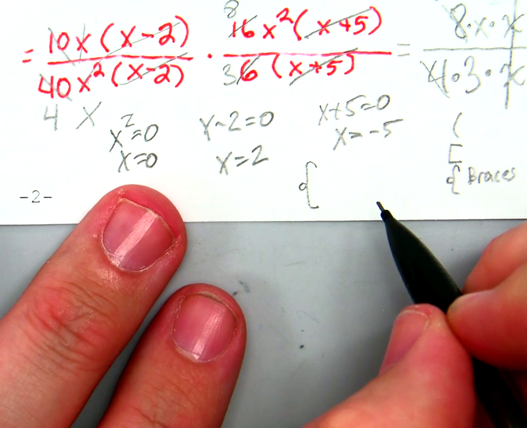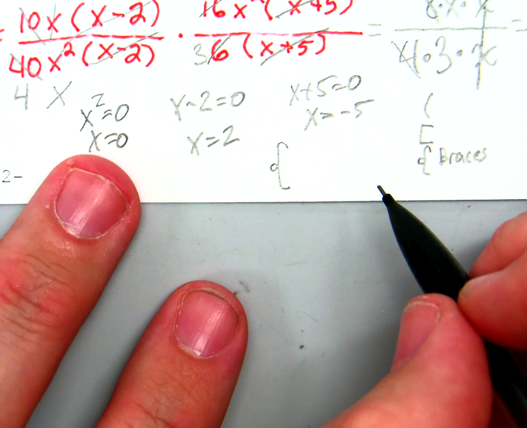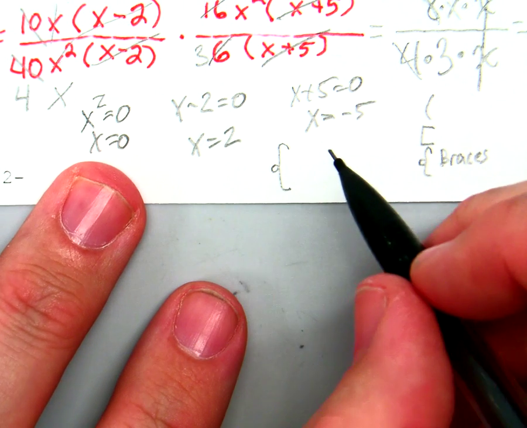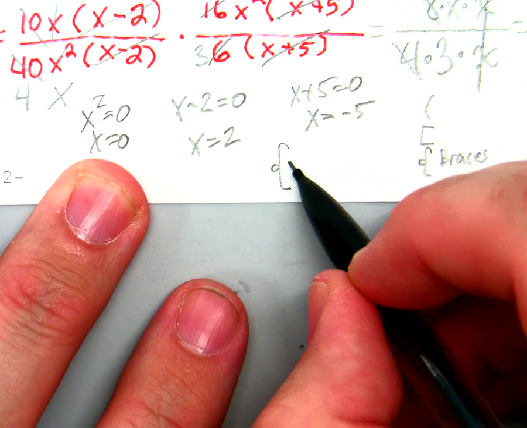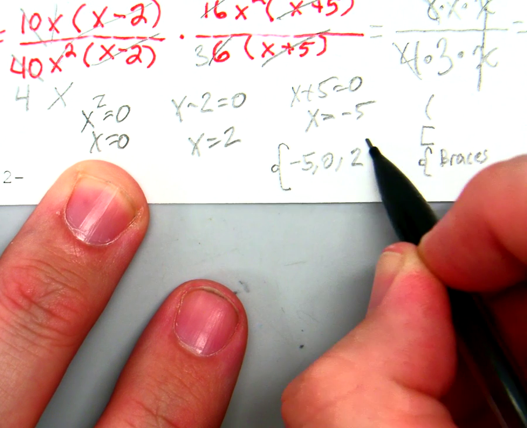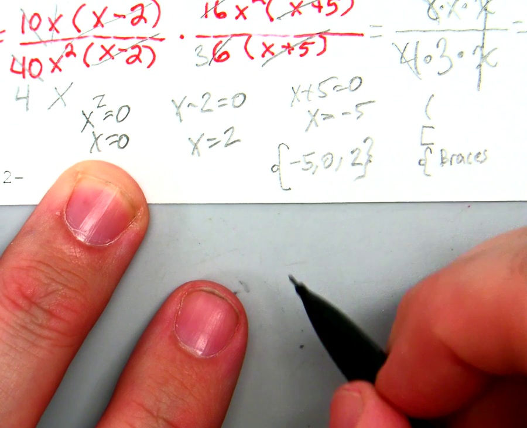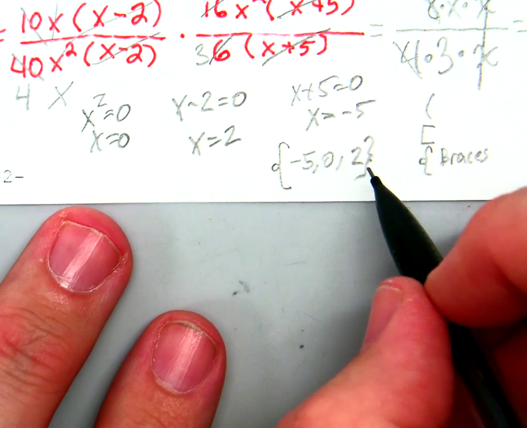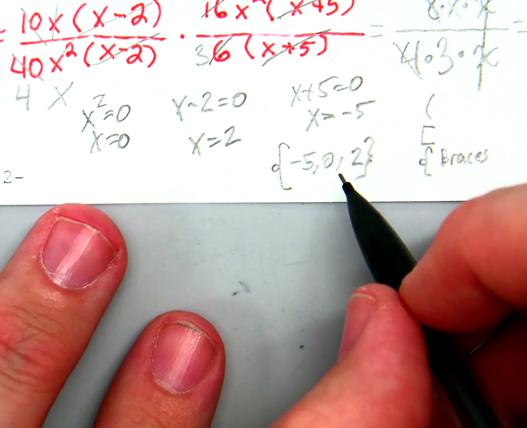So I would put -5, 0, and 2. And all this does is it says I have a set of numbers here that are going to make this undefined. And those are your excluded values.